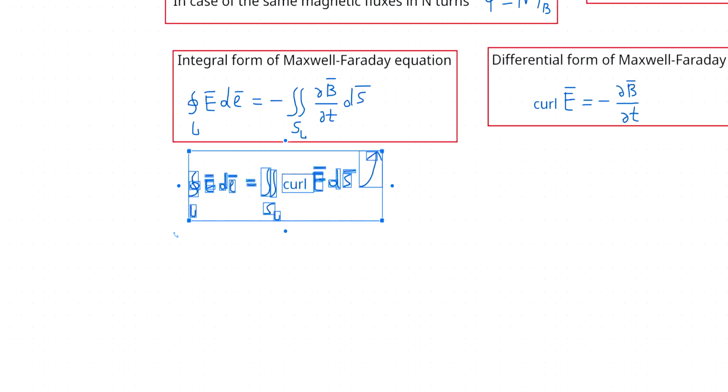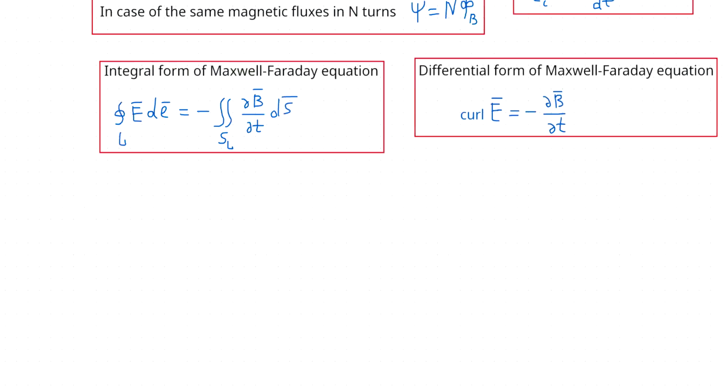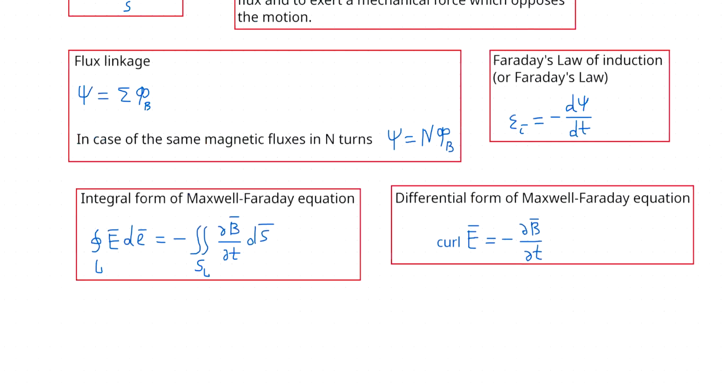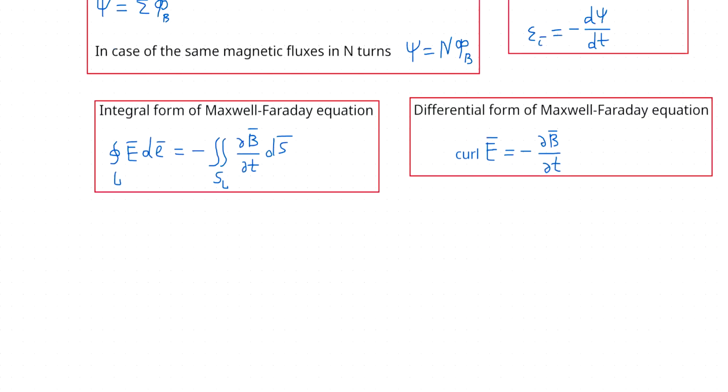Let's consider the situation when we have some current in a closed circuit, and of course, as we know, electric current produces a magnetic field, and this magnetic field will produce flux linkage.